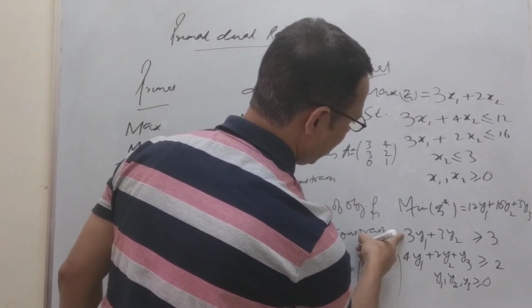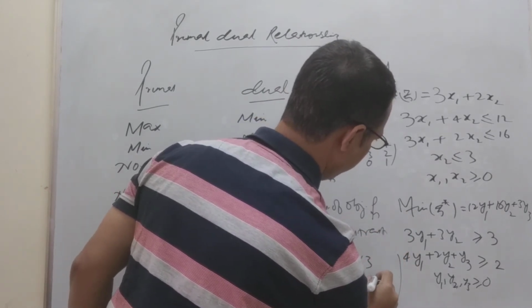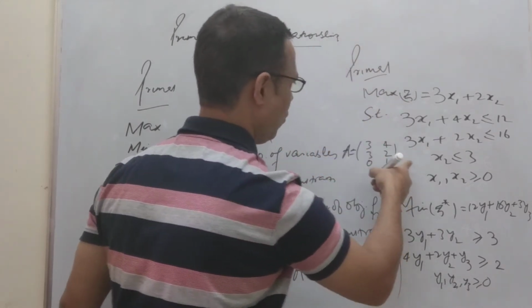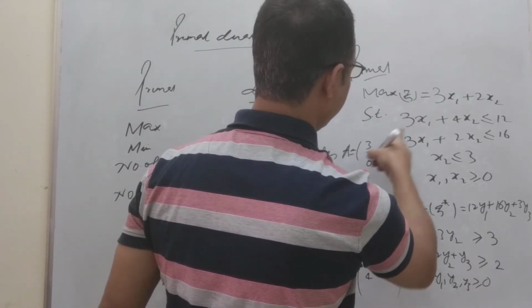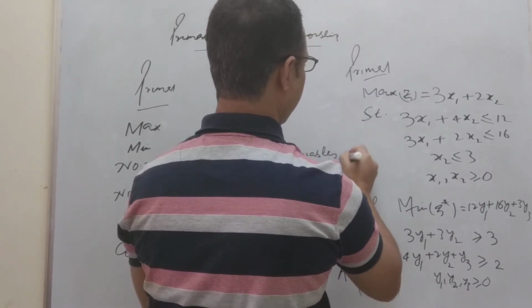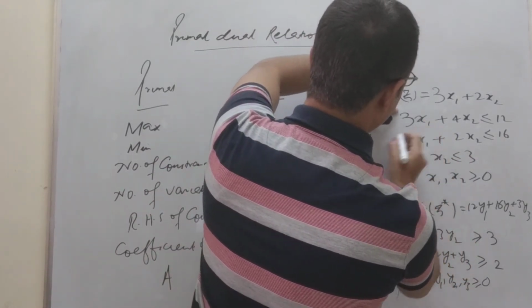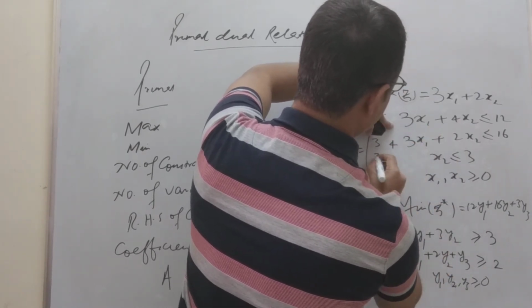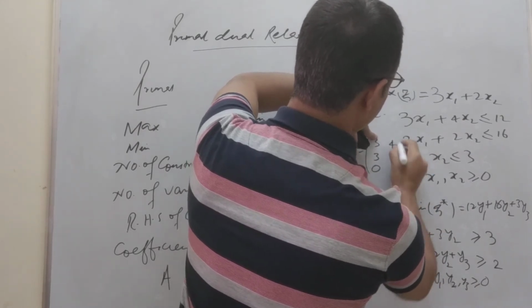Just to check again, A is equal to, first I write in this row, 3, 4, 3, 2, there is no x1 so 0 and x2 1, it's right.